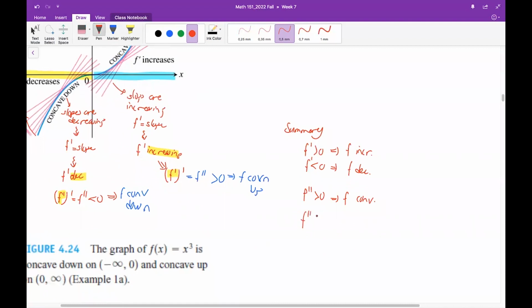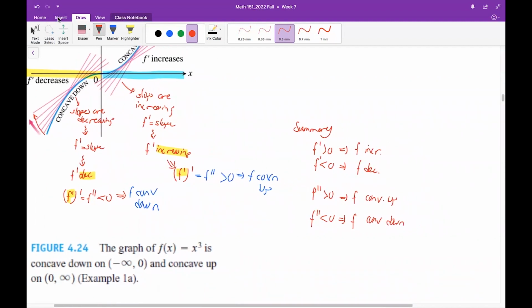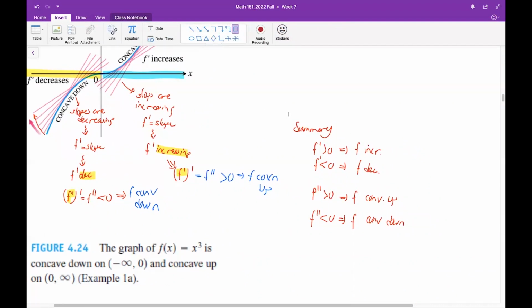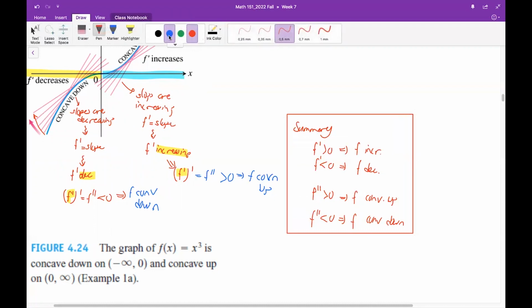If your second derivative is negative, your function will be concave down, just like here. Okay, so this is our summary box, and this box summarizes what we have just learned about the first derivative and the second derivative in the previous two sections.